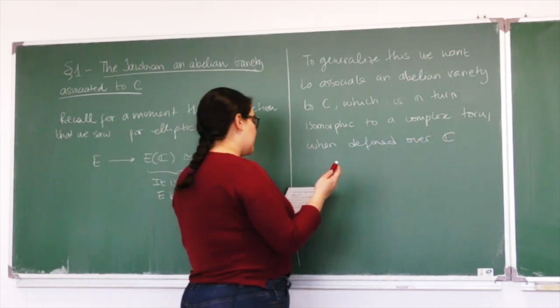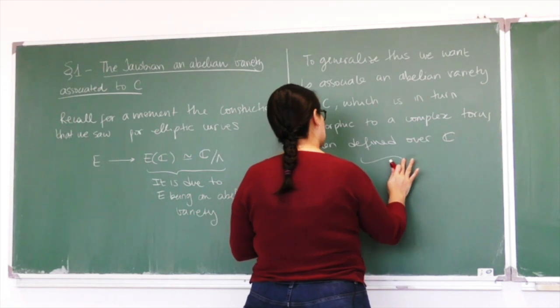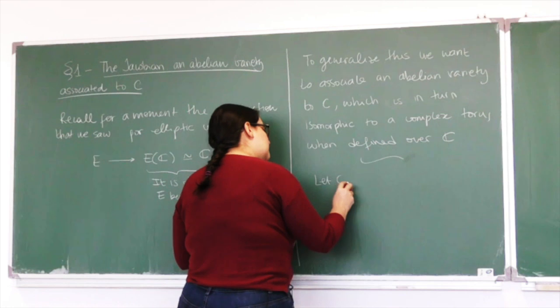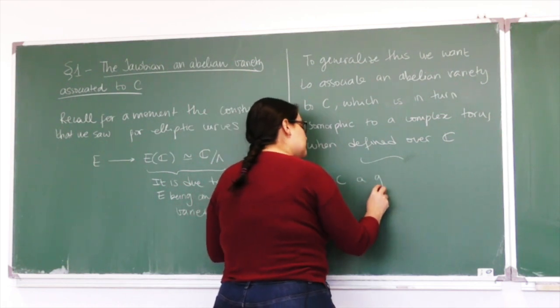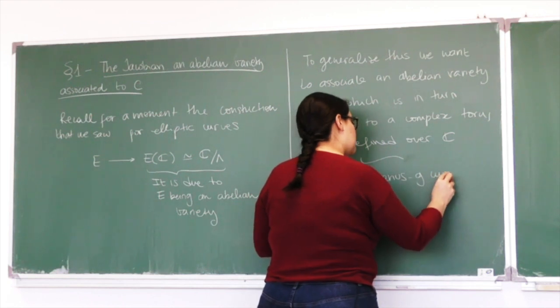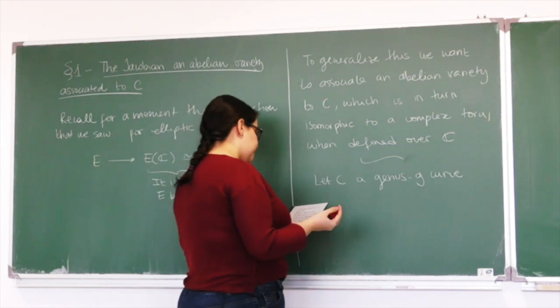So with this idea in mind, take C to be a genus g curve, and let us define some groups that will be relevant.